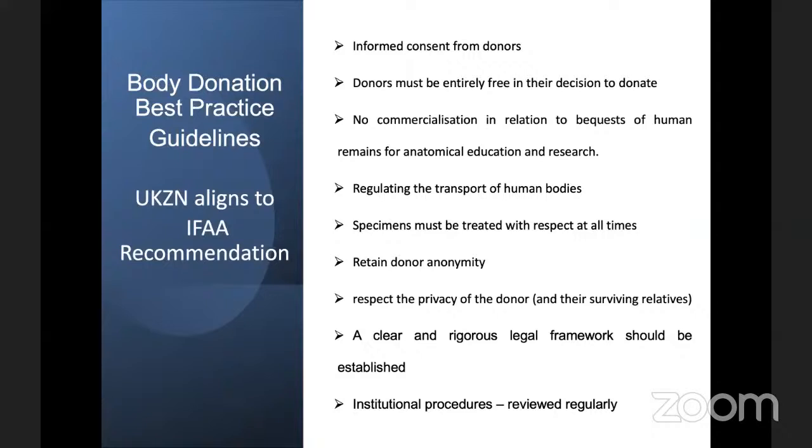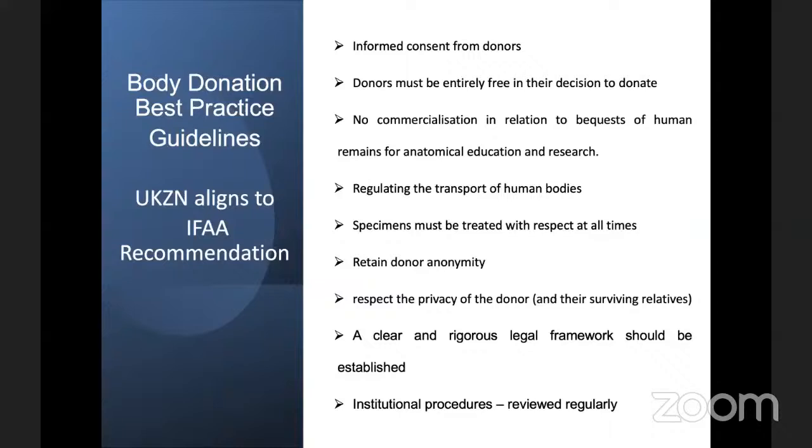UKZN aligns to the International Federation of Association of Anatomists recommendations. Informed consent, that means informed written consent, is an essential prerequisite for potential donors. According to the National Health Act of 2003, informed consent from donors must be obtained in writing before any donation can be accepted. Now, this means donors must be entirely free in their decision to donate.